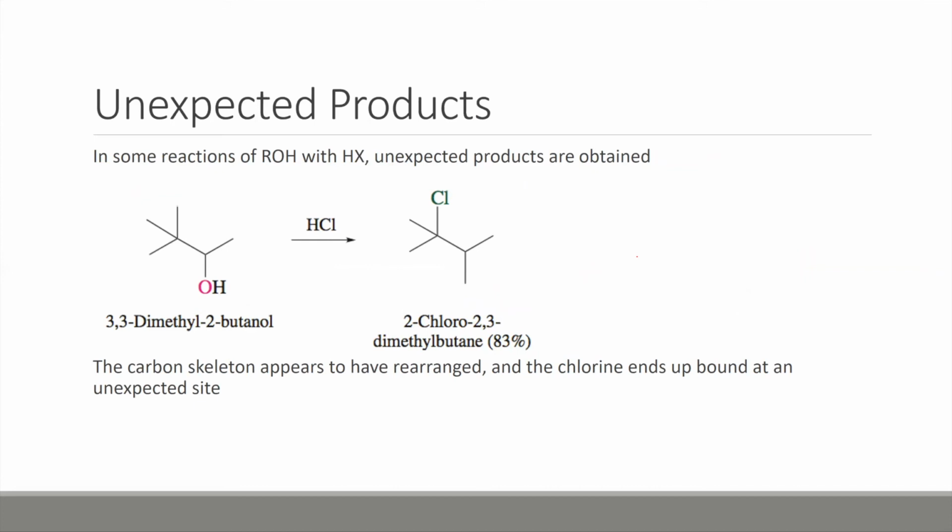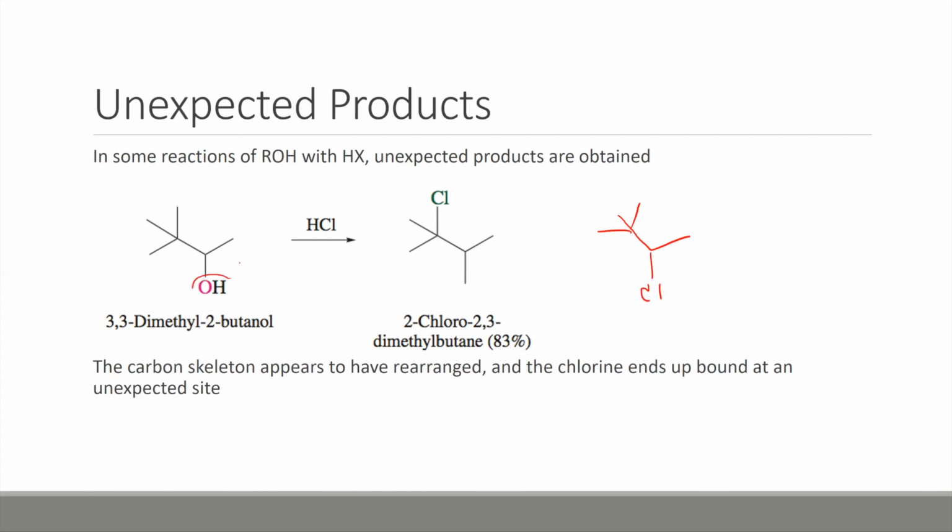Another thing that can happen in the substitution reaction is some unexpected products. So in some reactions of alcohols with alkyl or acid halides, you get unexpected products. So here we're looking at dimethyl 2-butanol. And what you would expect to be made, if everything's substituted correctly, is this, right?